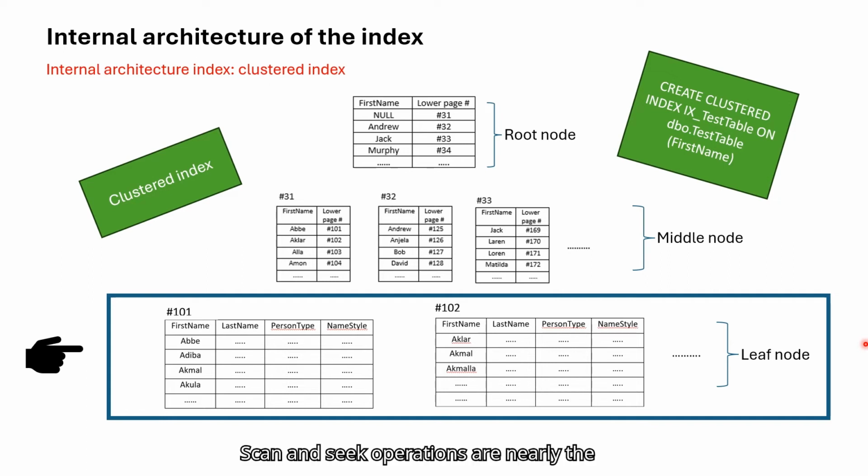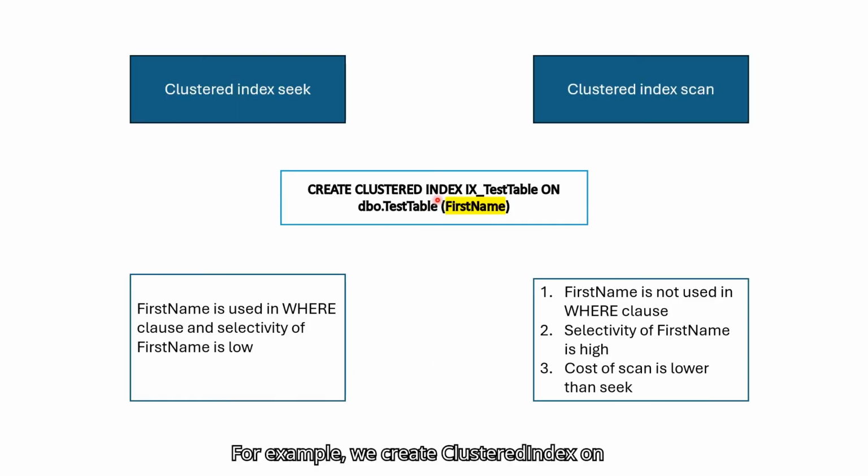Scan and seek operations are nearly the same in the clustered index case, okay? If only a particular row is selected at the leaf node, we call it a clustered index seek. If all the rows are scanned, we call it a clustered index scan. There's nothing very complex here. For example, we create a clustered index on first name.